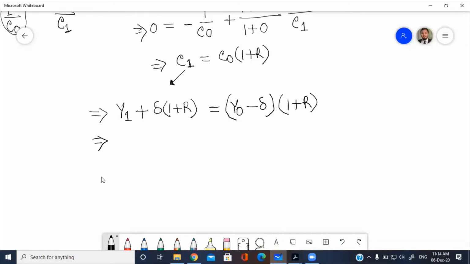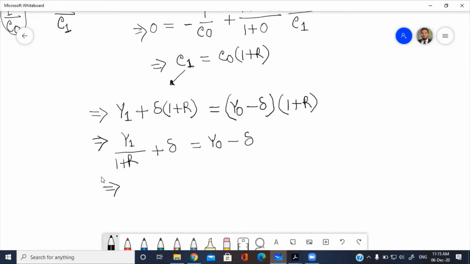If we take the 1 plus R on the left side, can we write y1 divided by 1 plus R plus delta equal to y naught minus delta? Can you write this?